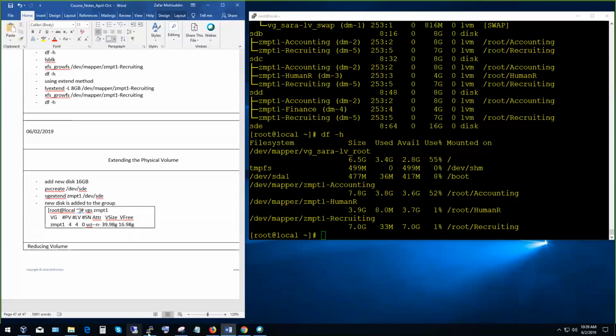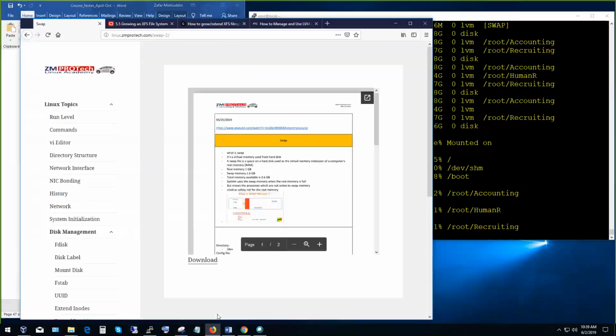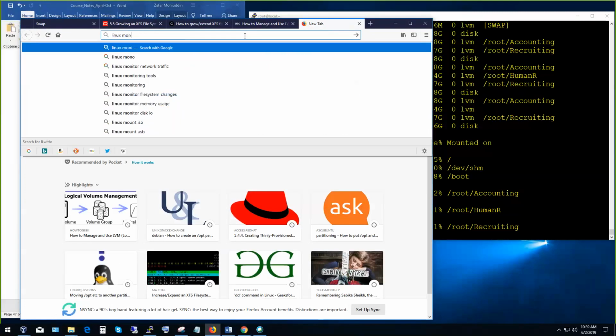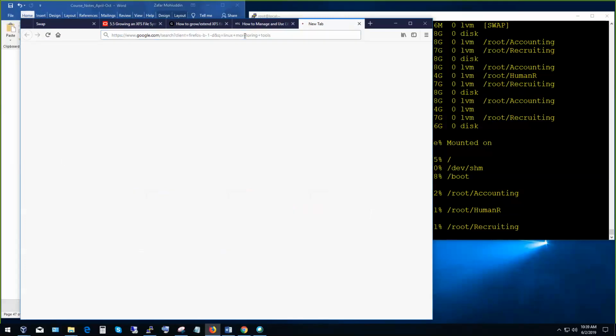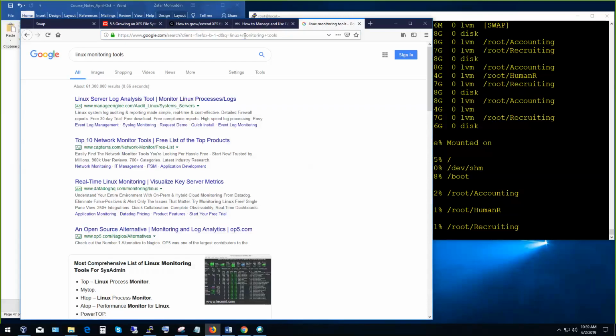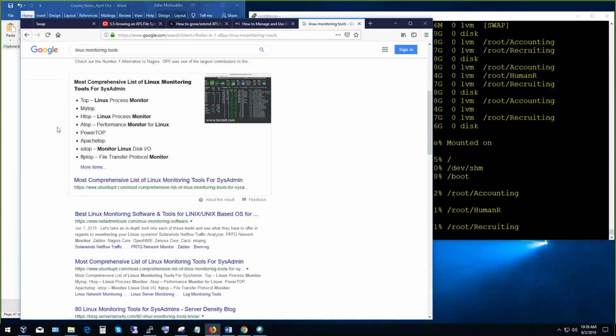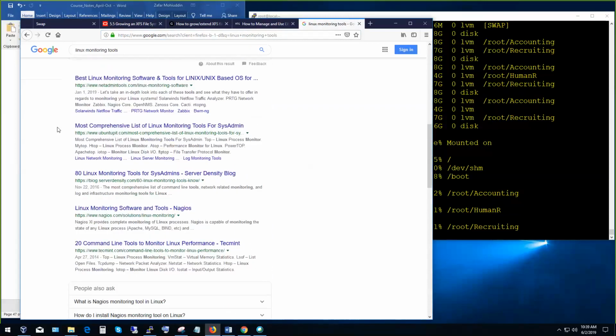There are a lot of monitoring tools here. There are hundreds of monitoring tools out there. Tivoli is one of them, which is by IBM, and there are all those things here.